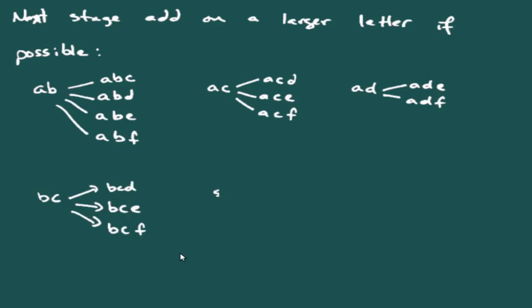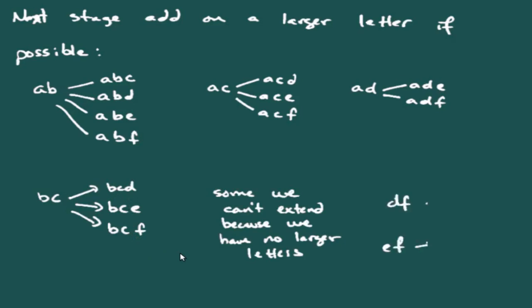And even for some things, it's not even possible to really extend because we don't have any larger letters. And so, for example, if we chose D and F, well, there's no letters larger than F, so we can't extend that one. For E and F, there's no letters bigger than F, so we can't extend that one either.